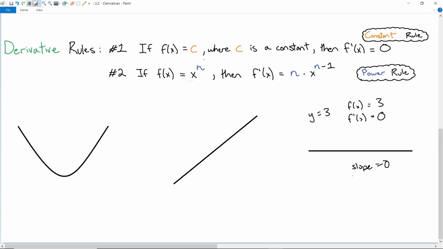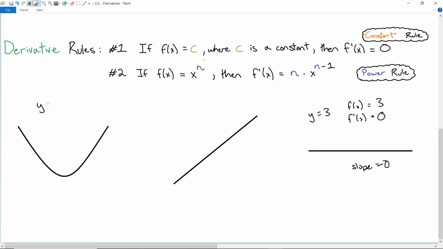All right, fair enough. Second derivative rule: if f of x equals x to the n, where n is a real number, then f prime of x, or its derivative, equals n times x to the power of n minus 1. And I am going to help you visualize this with these two graphs over here.